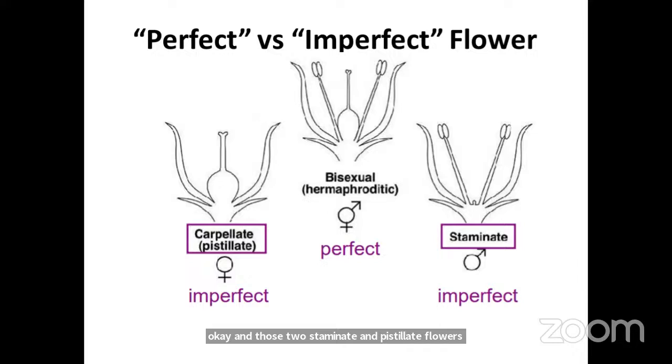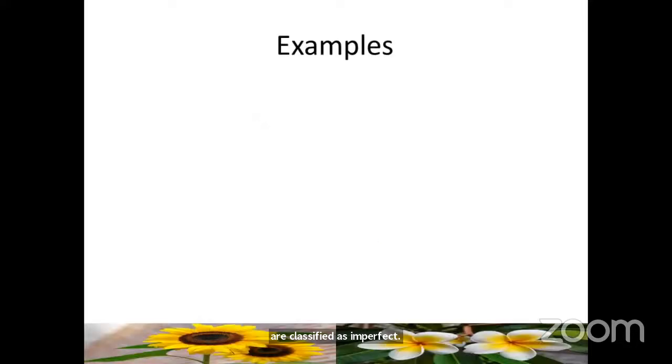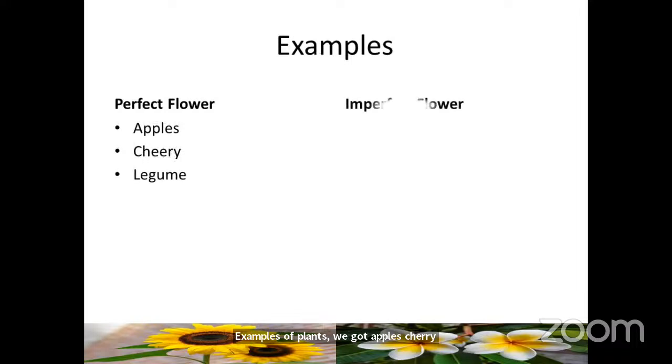I hope you got it. So we got here some examples of perfect flowers: apples, cherry, legumes. And for imperfect flowers, we got squash, cucumbers, corn.